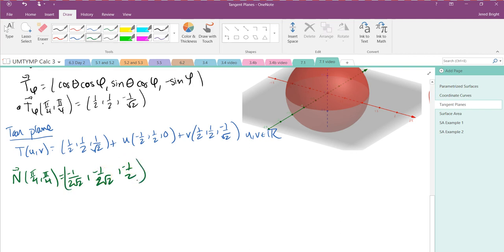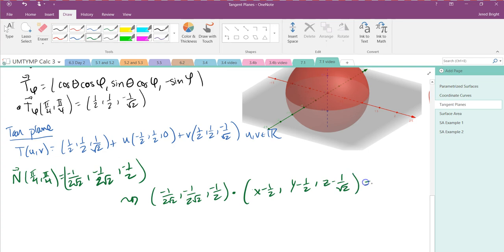I'm misusing notation here a little bit, I apologize. What I end up getting is negative 1 over 2 root 2, comma, negative 1 over 2 root 2, comma, negative one half, dotted with x minus one half, y minus one half, and z minus 1 over root 2, is equal to 0.